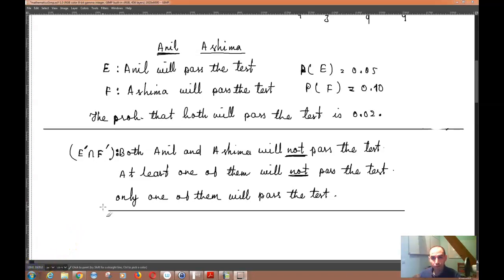Okay, so to find some way to explain this step, you could say that the word both here is connected with the intersection part.